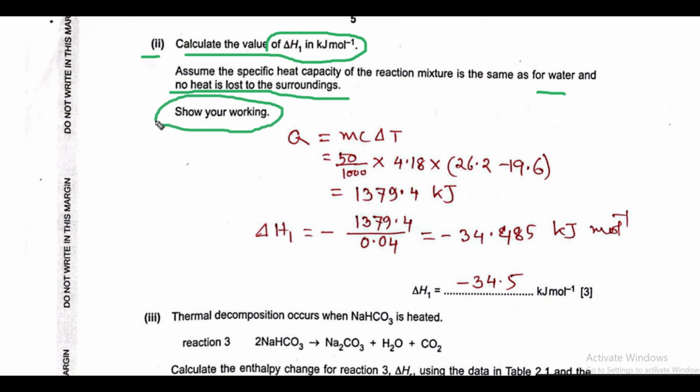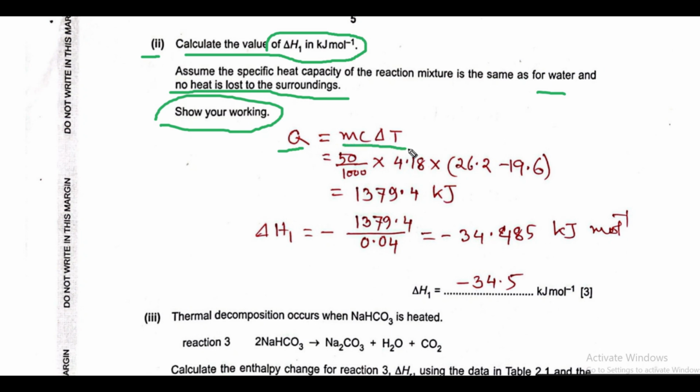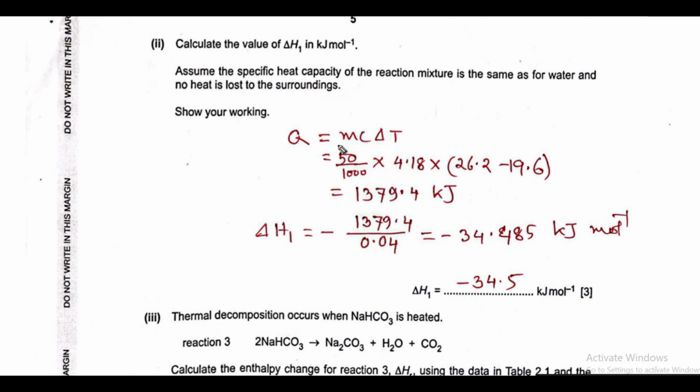So, working. First of all, energy transferred Q equals mc del T. M is the mass of solution, C is the specific heat capacity, del T is the change in temperature. So m is 50 gram, divided by 1000 to convert to kilogram.